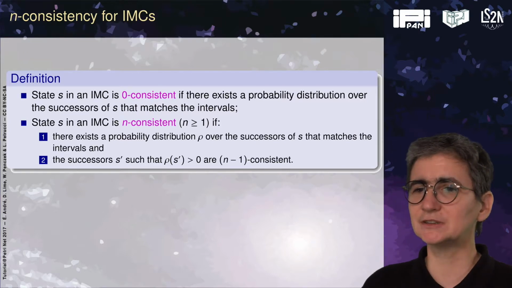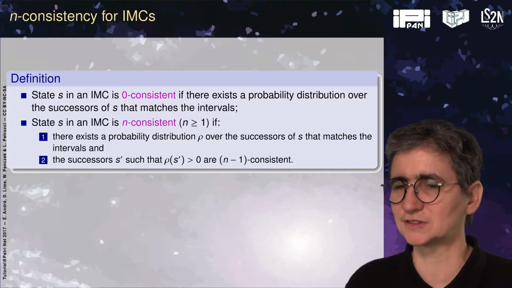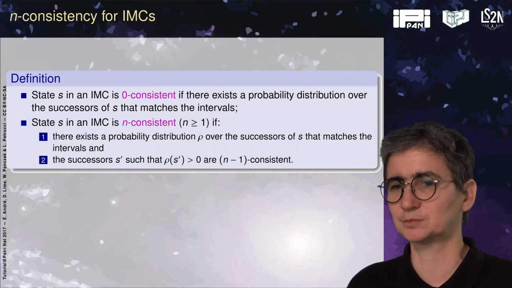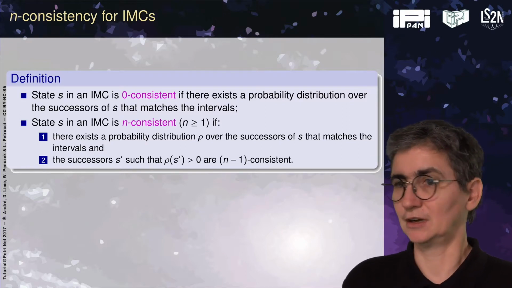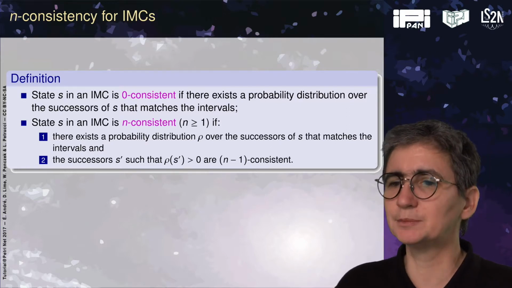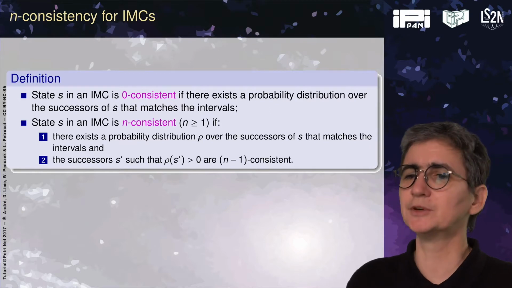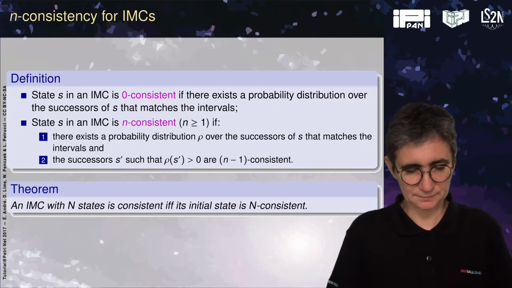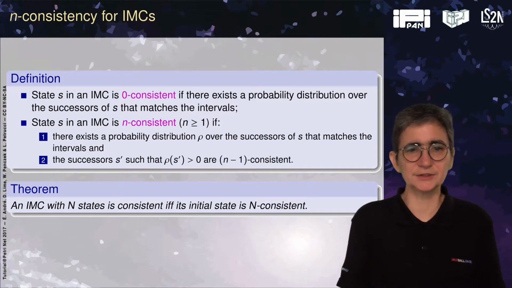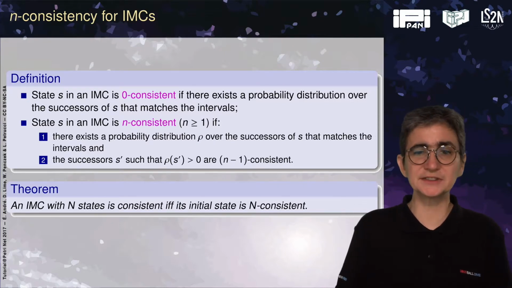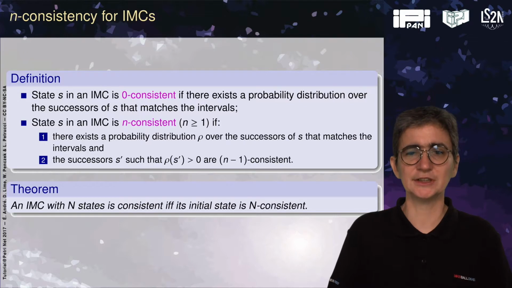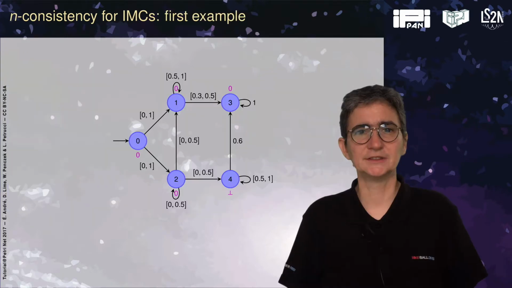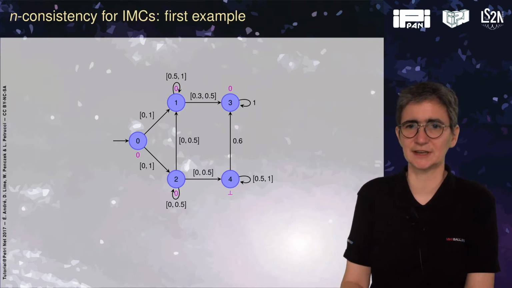So if I'm in a state S, I can go to a state S prime with a probability rho of S prime that is strictly positive, and this S prime must be n-1 consistent. An interval Markov chain with n states is consistent if its initial state is n consistent. So let's take a first example.